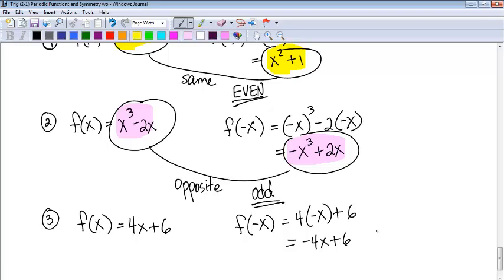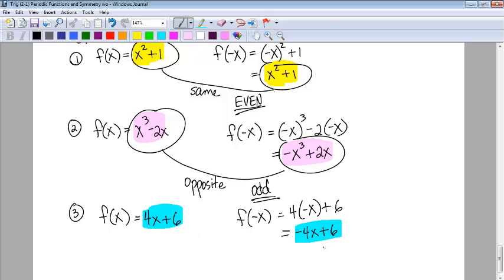Are they the same y values? You've got to compare y values. Are they the same, opposite, neither? That one's neither. Okay, it didn't change the plus 6. So this one is not even, not odd, it's neither.